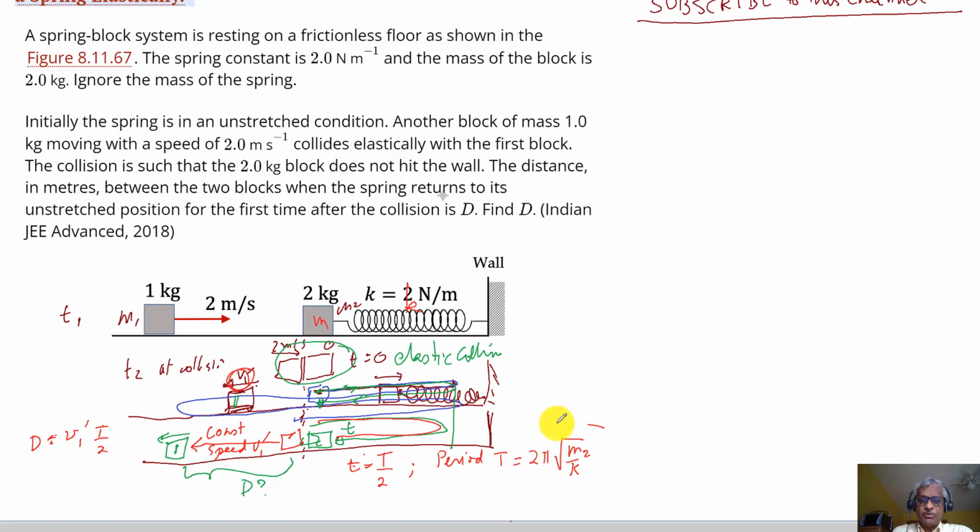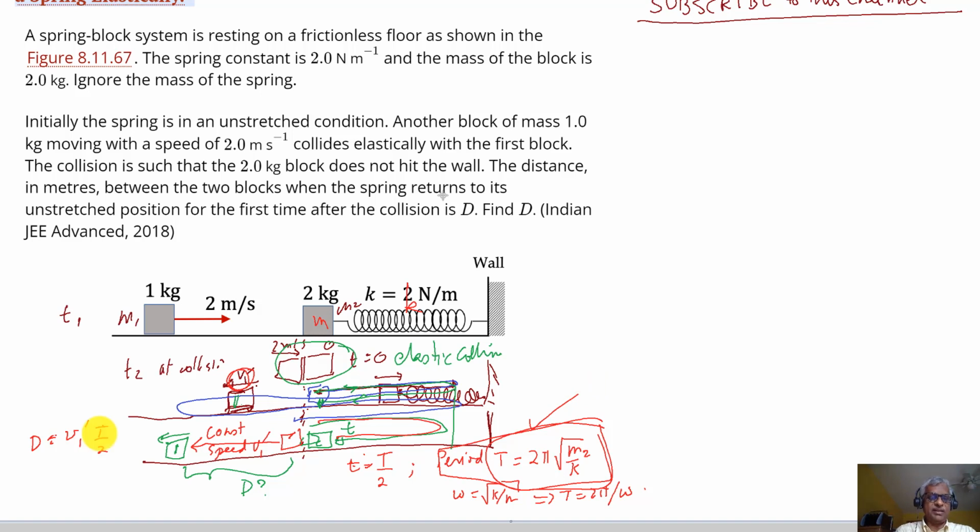Maybe you know it in terms of omega: angular frequency is square root of k over m, and T is 2 pi over omega. However you know it, if you don't remember this, it's not going to be easy to do.